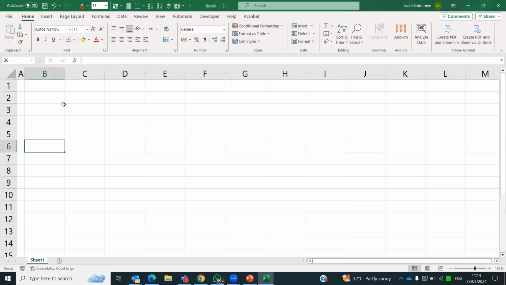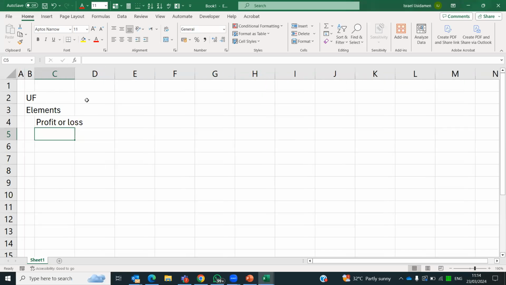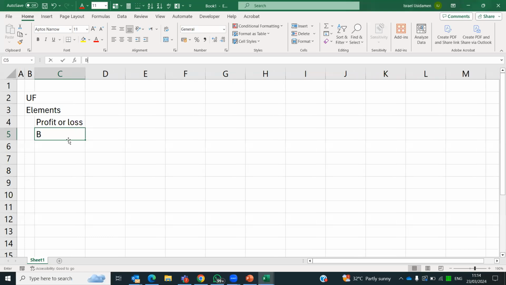So let me type it down. You said elements are profit or loss. Okay. Profit or loss account, balance sheet, what else? Profit or loss account, balance sheet.